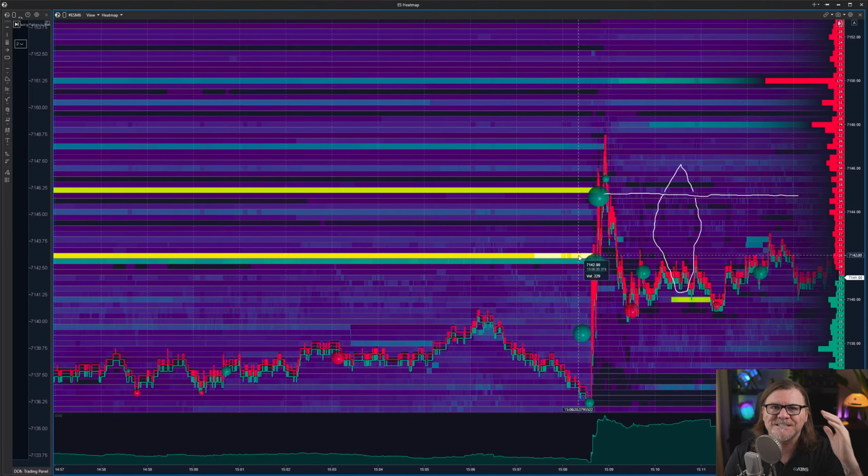You don't see the walls. You don't see the skyscrapers. You don't see the barrier. You don't see what's waiting there for you. Only with HEATMAP. HEATMAP is the only tool when you are able to see the deception, the battlefield. They wait there for you, for retail traders. As soon as you get there, they beat you, they eat you, they consume you, they consume your orders. They will absorb them.